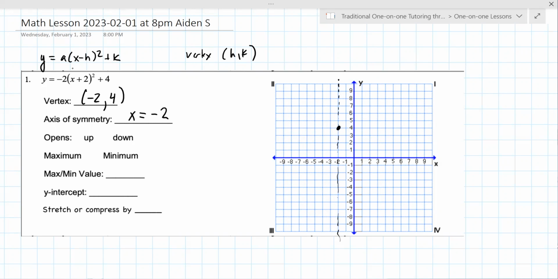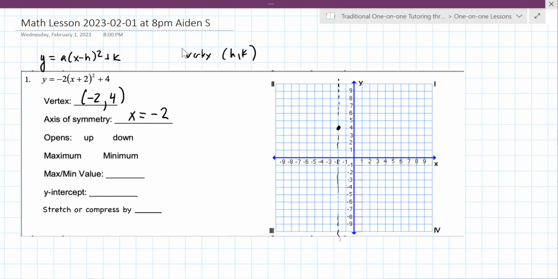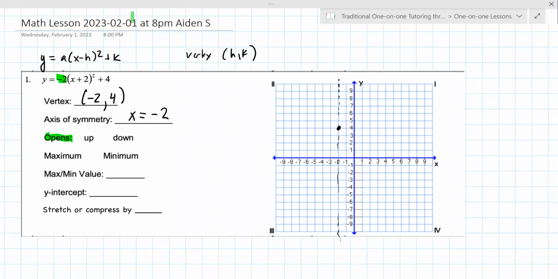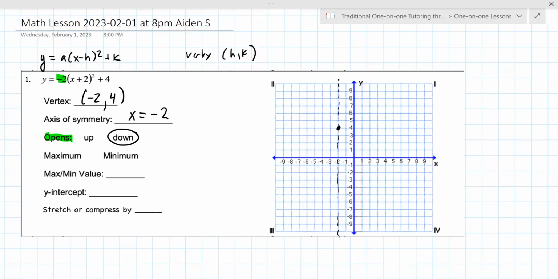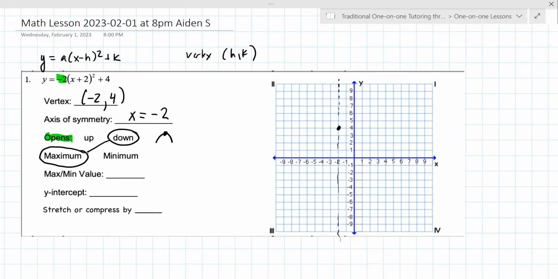Whether it opens up or down is based on the leading coefficient. Okay. Since it's negative, it opens down. And sometimes it's good to sort of draw that upside down U, because that leads to the next part. Does it have a max or a min? Well, if it opens down, it has a max. So these always go together.